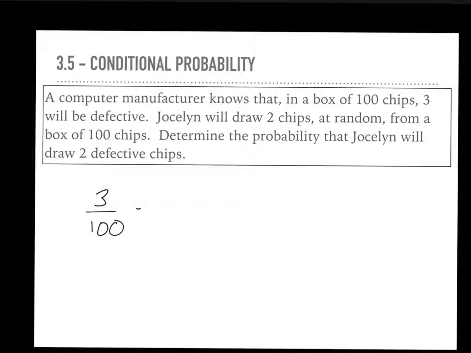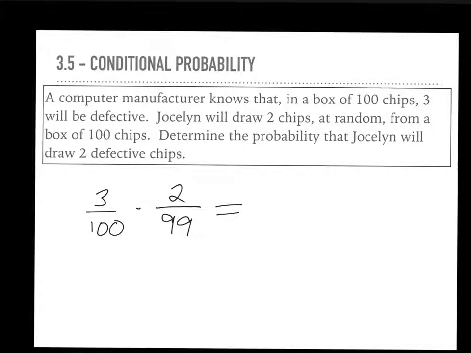So now how many chips are there in total for her to select from? 99. And how many of those are defective? 2. So when you do this, you just multiply these 2 events together, and it gives you the total probability. So it's 3 over 100 times 2 over 99, and it just gives you a very low number.